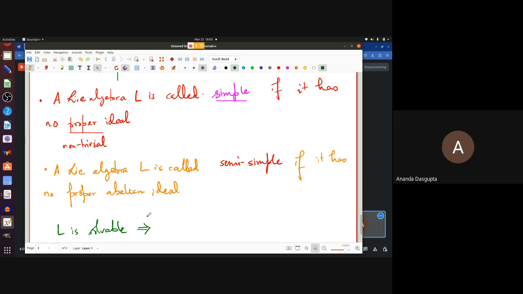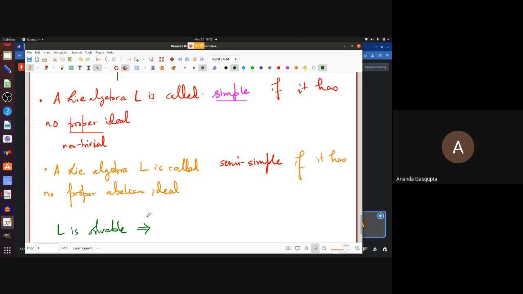If it has a non-trivial ideal, that's it. If it is solvable, one thing you can definitely say. By the way, what is the relationship between L1 and L? L1 is not just a subalgebra of L, it's a special kind of subalgebra, something we have established. L1 is an ideal of L, right?